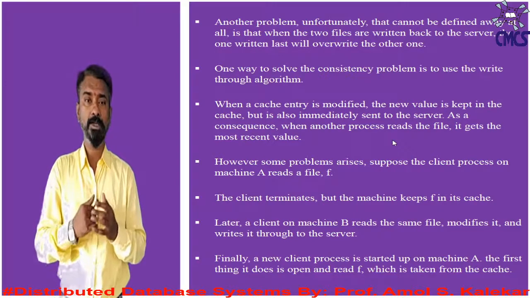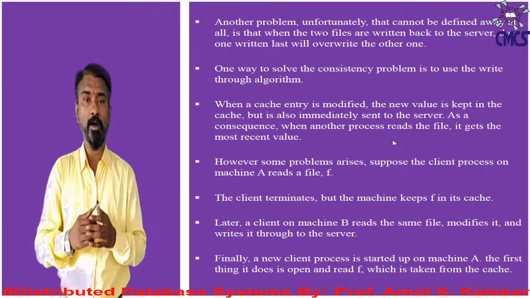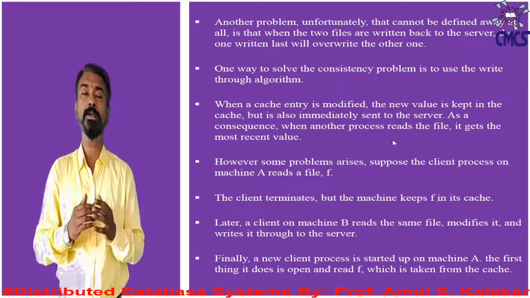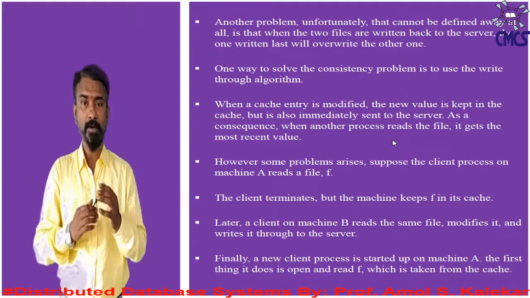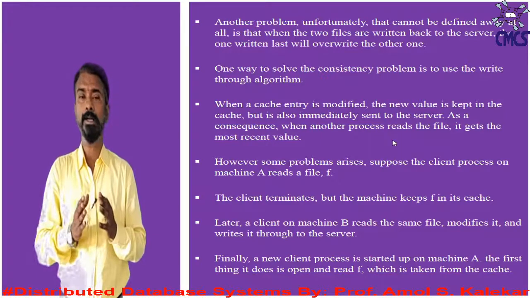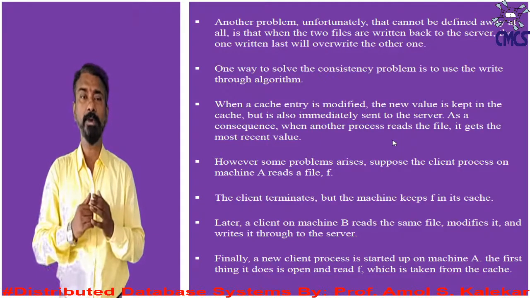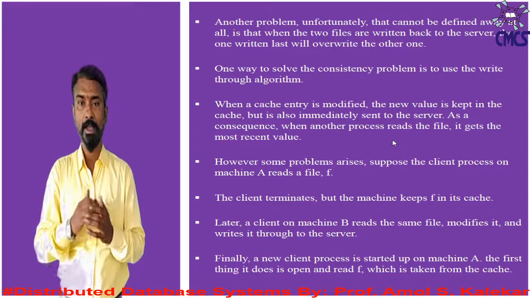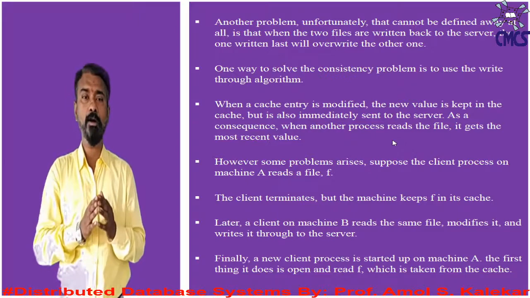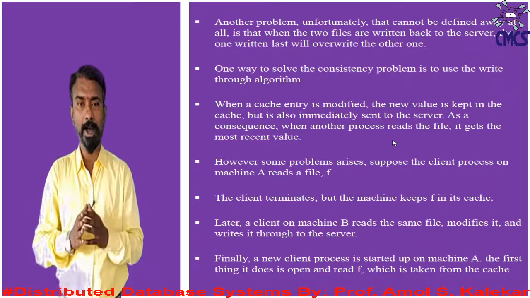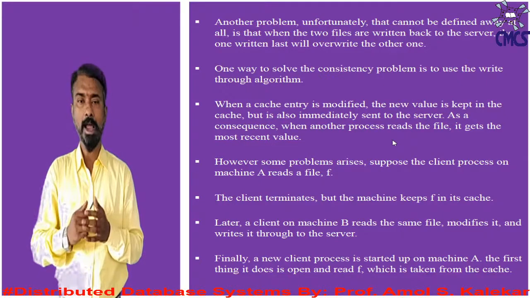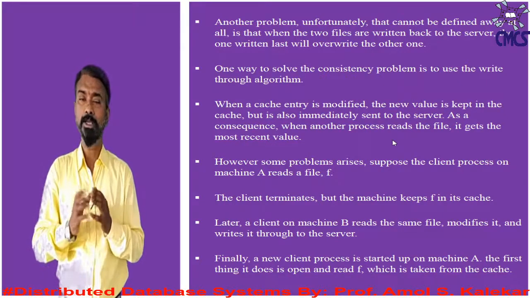However, some problems can still exist. For example, suppose a client process on machine A reads a file F. Now the client terminates, but the machine keeps F in its own cache. Then afterwards, a client on machine B reads the same file, modifies it and writes it through to the server.